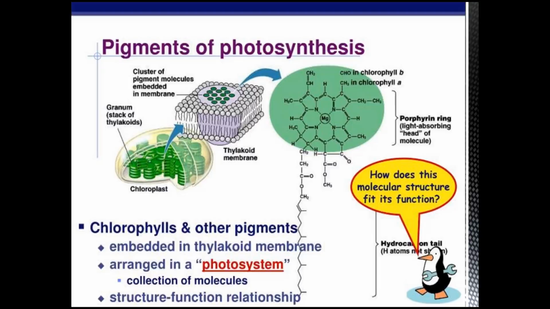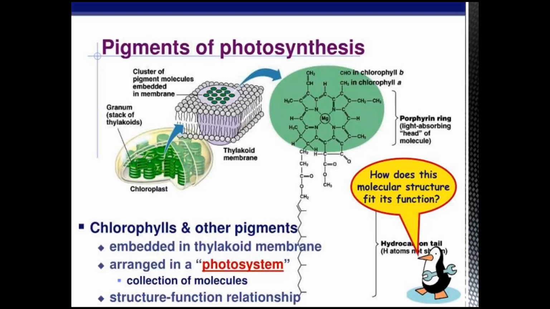Chlorophyll A is the only primary pigment that traps solar energy and converts it into electrical and chemical energy, so it is called the reaction center.